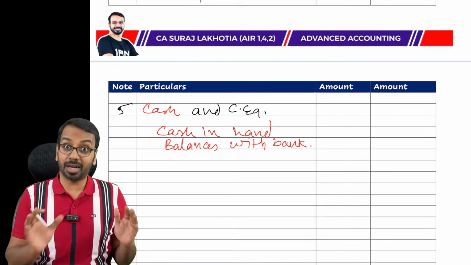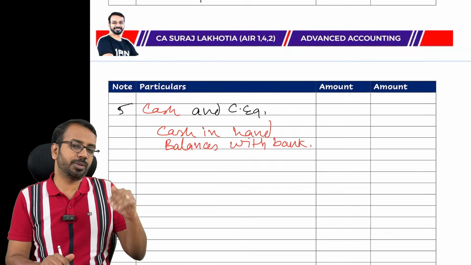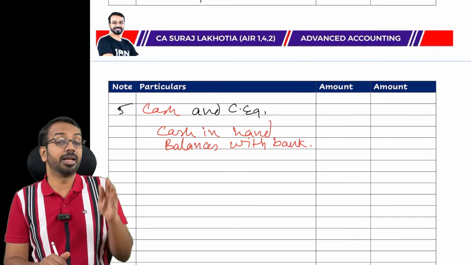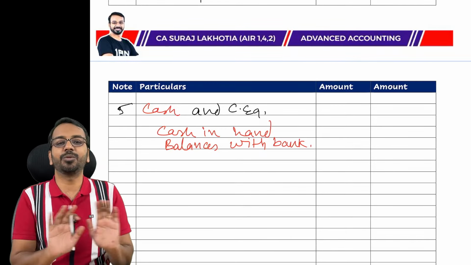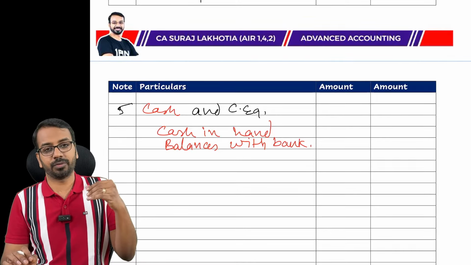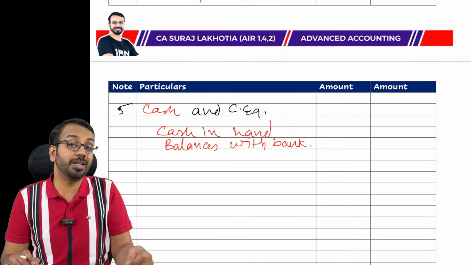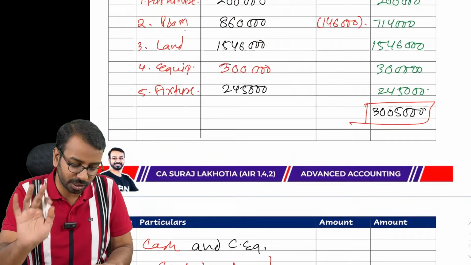As per the current Companies Act, there is no such requirement. Earlier, we used to have balances with scheduled banks and other than scheduled banks shown separately. Currently, we don't have any such requirement. So, if the question mentions some balance with a scheduled bank, you can disclose it separately, no problem. Extra disclosure is not a problem.